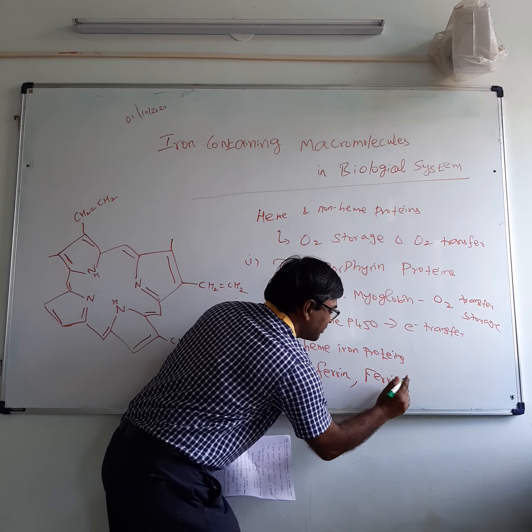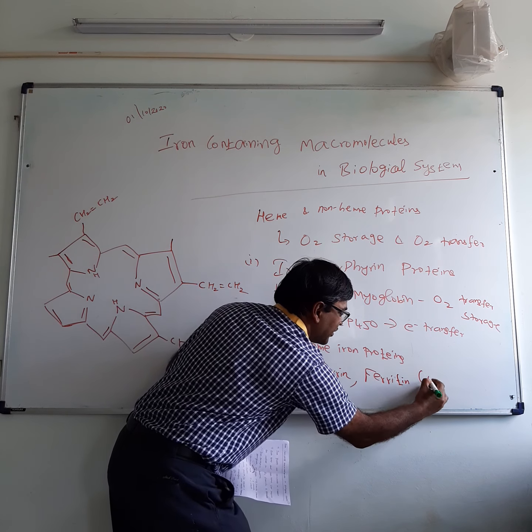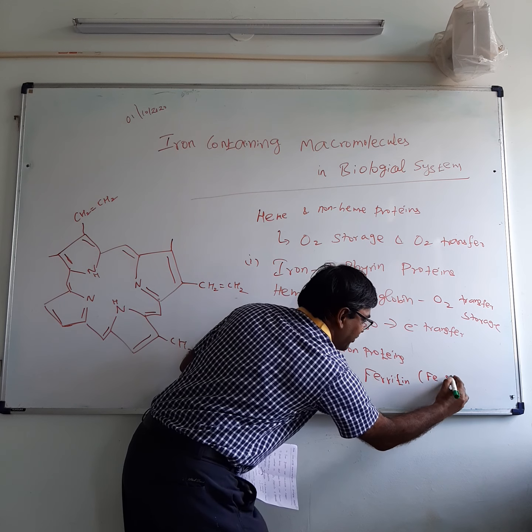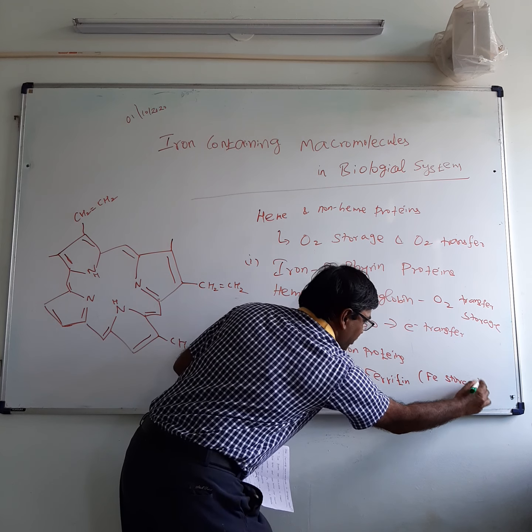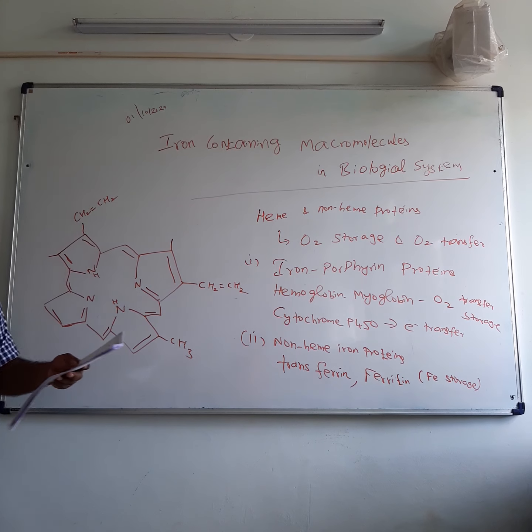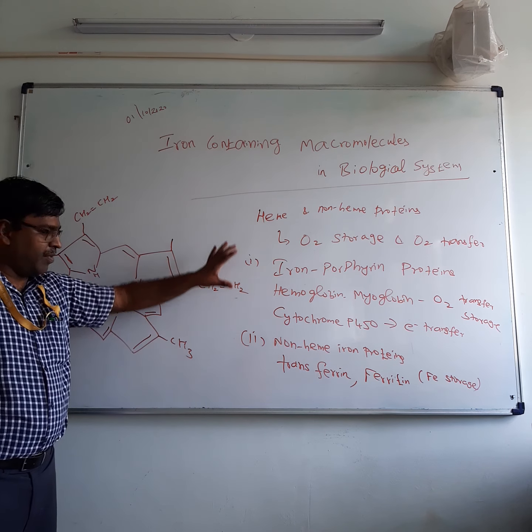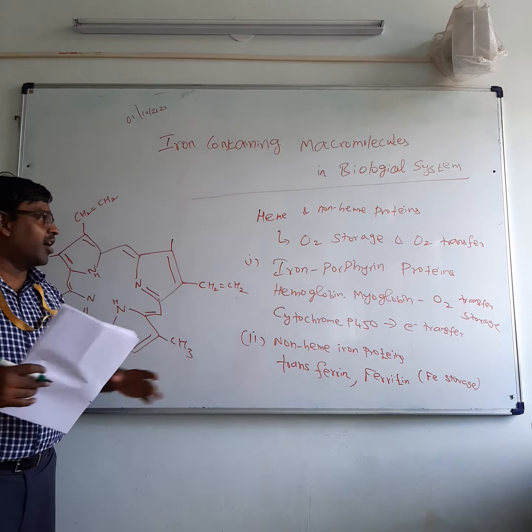Ferritin is involved in iron storage in human and biological systems. So these are the heme and non-heme proteins. Then there are two more non-heme proteins.